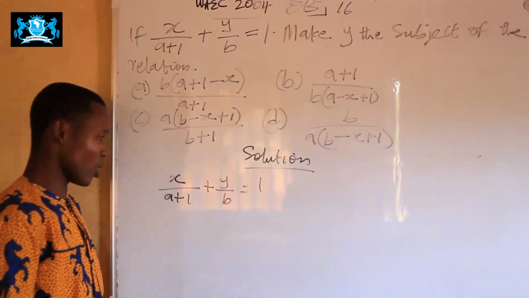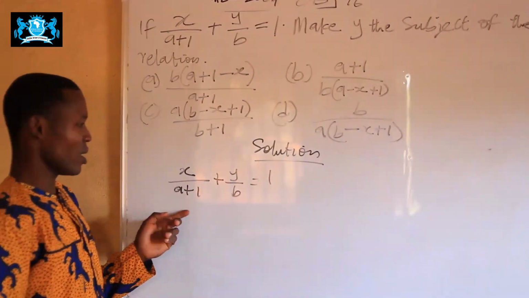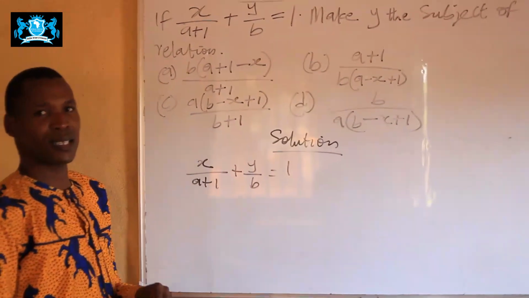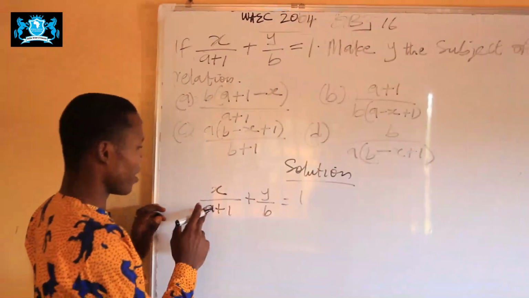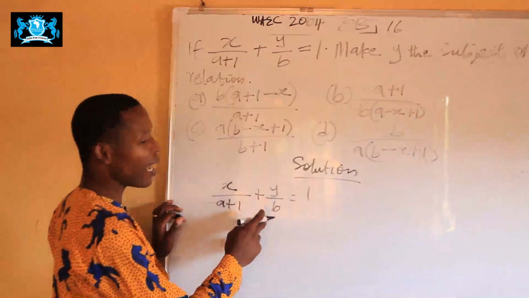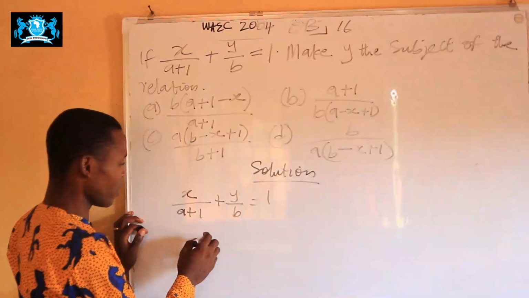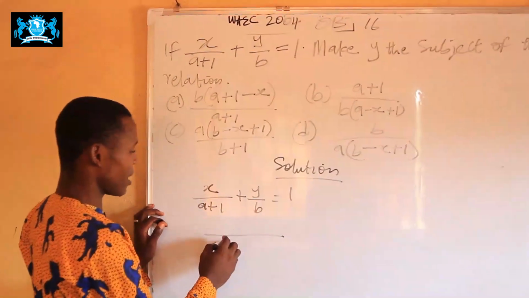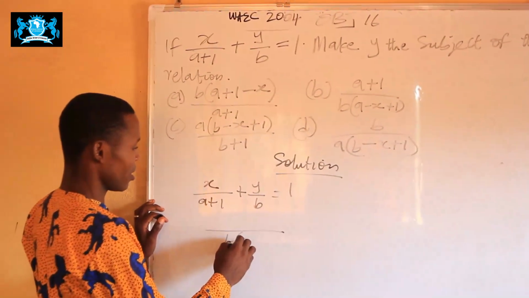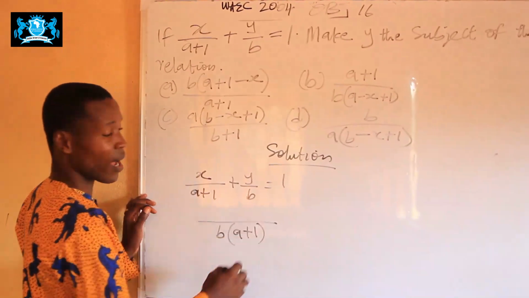The first thing we are going to do is to resolve this fraction. So we are going to find the LCM. LCM of a plus 1 and b is going to be what? The LCM will be b times a plus 1.